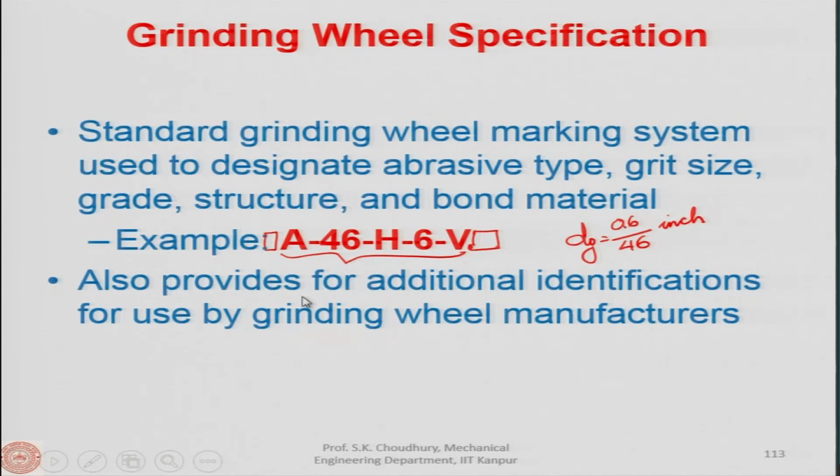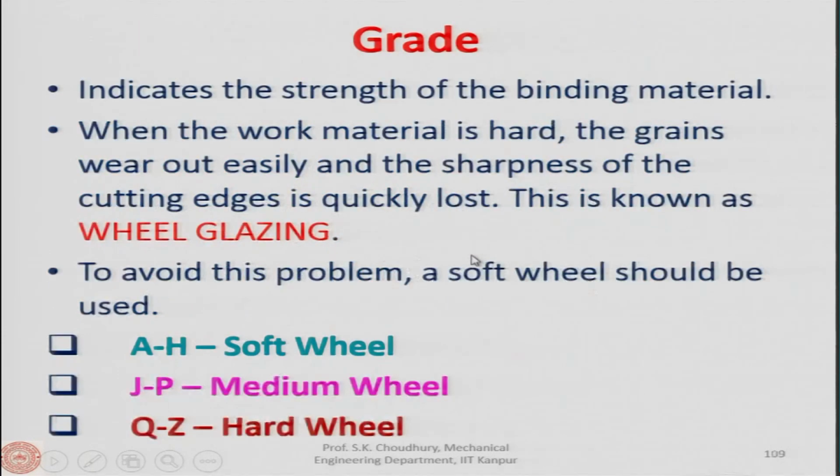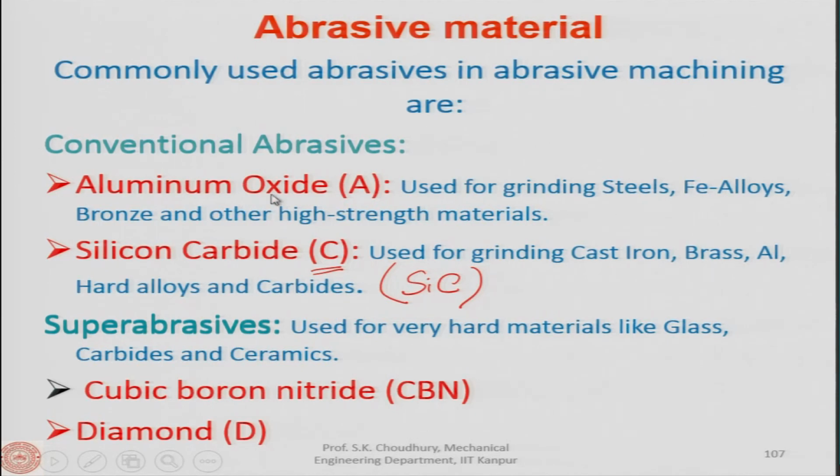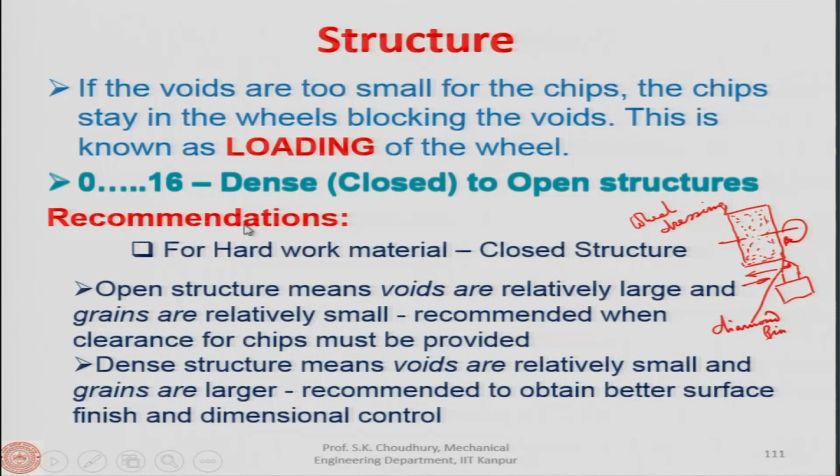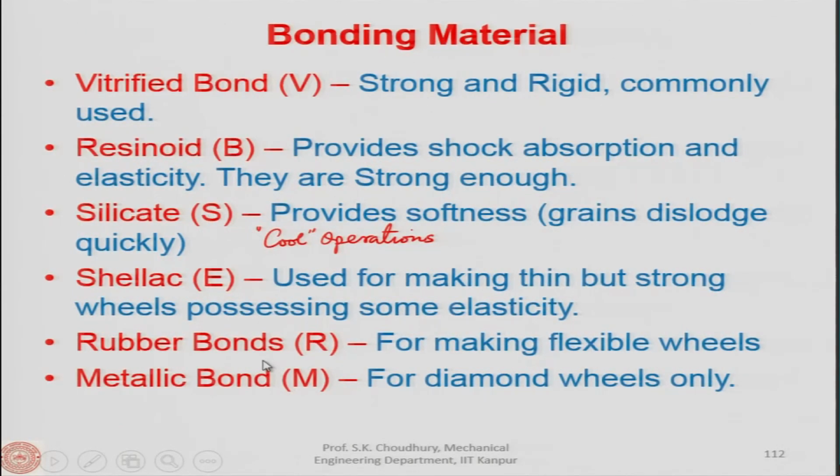And while purchasing the grinding wheel, you also have to mention these 5 parameters. So, once again, these 5 parameters are the abrasive material, such as aluminum oxide, silicon carbide and so on, grain size, grade, structure, 0 to 16, and the bonding material.